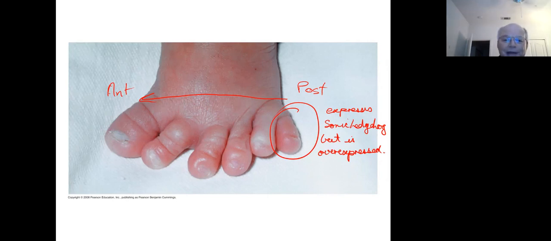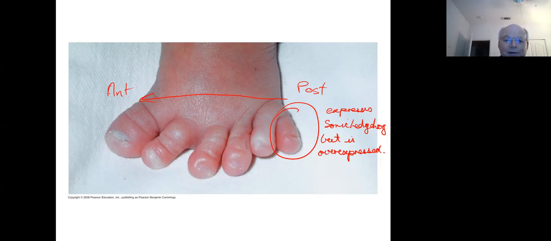So we know that polydactyly arises because of a mutation that leads to an overexpression of sonic hedgehog. That also explains why the normal condition is to have 5 digits.